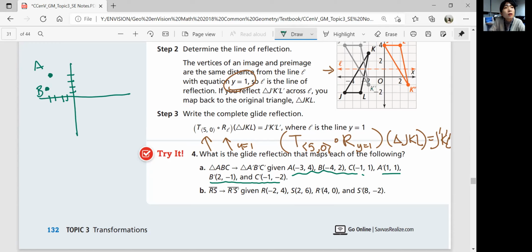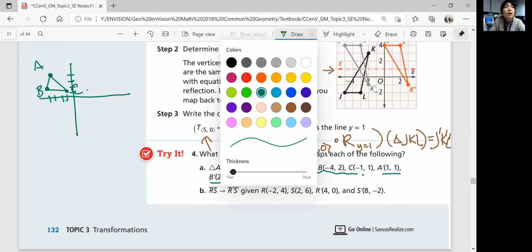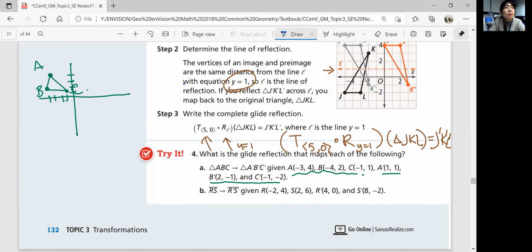That's B. C is -1, 1. Okay, that's C. And then finally, you want to end up at -1, 1. And then 1, 1. 2, -1. And -1, -2.